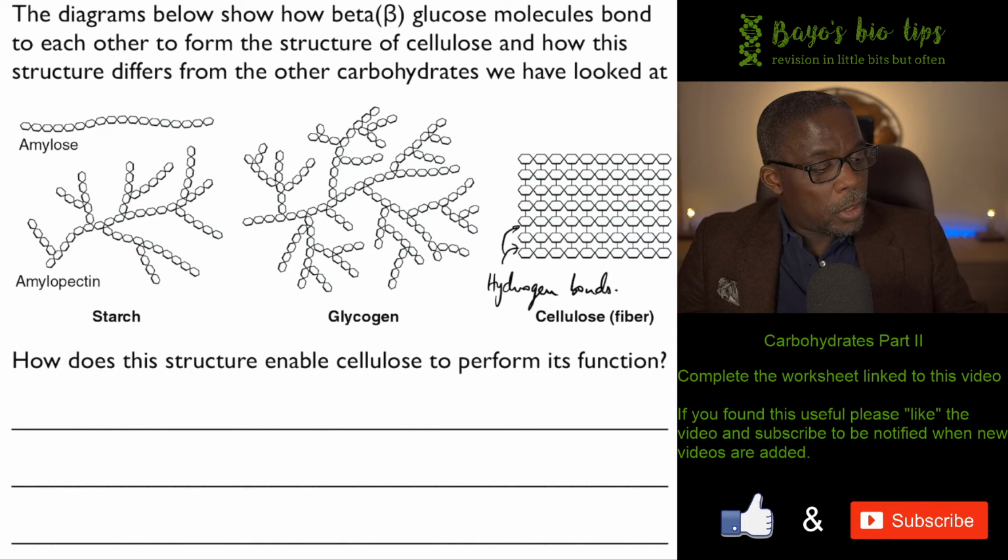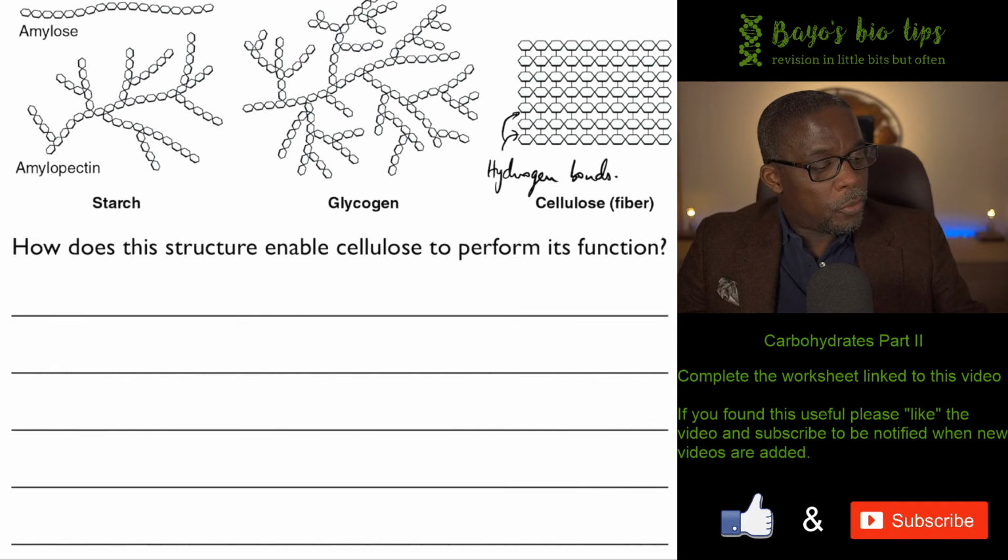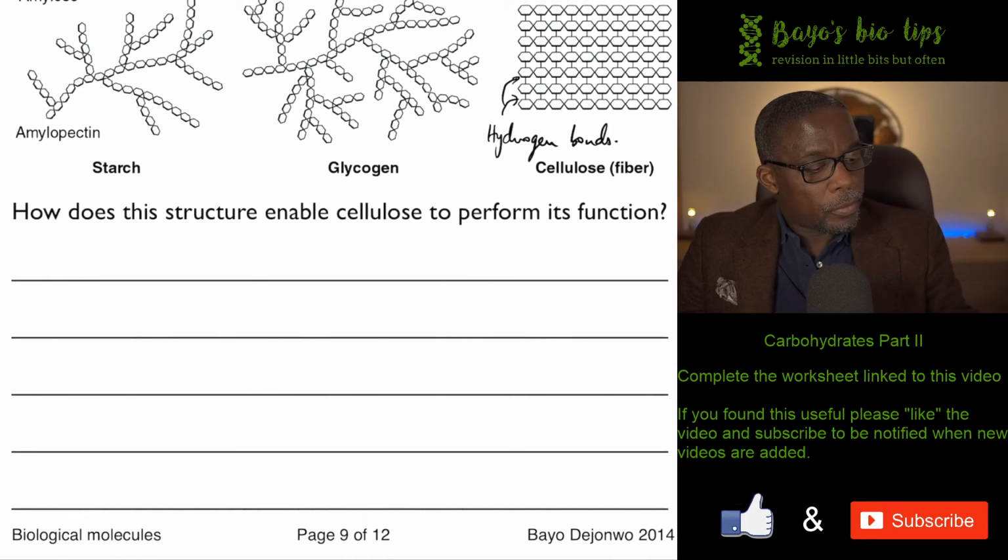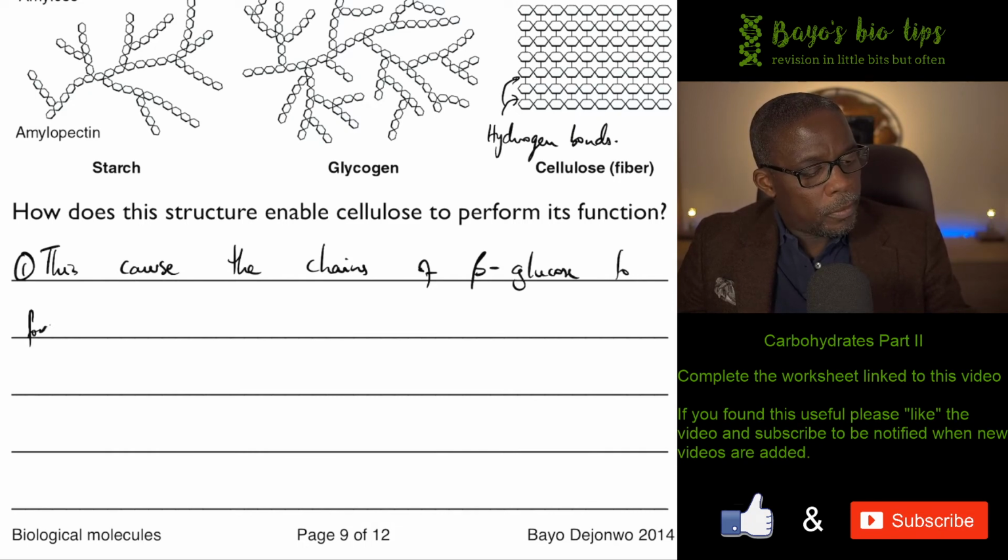So how does this enable cellulose to perform its function? Number one, this causes the chains of beta glucose to form stacks on top of each other. So how does that help?